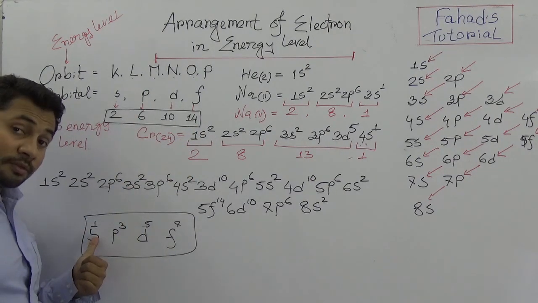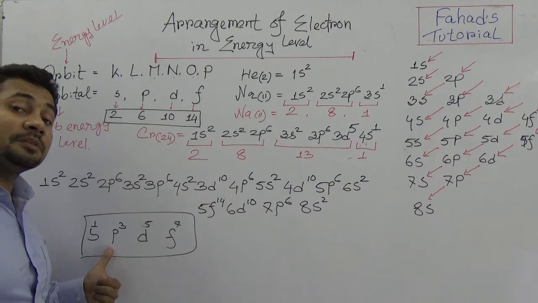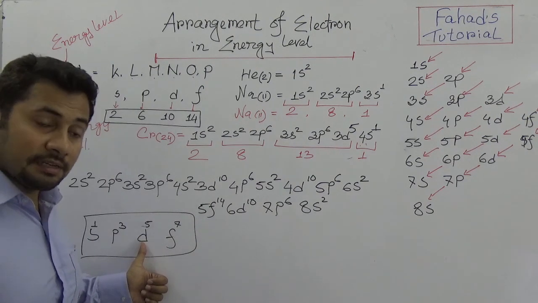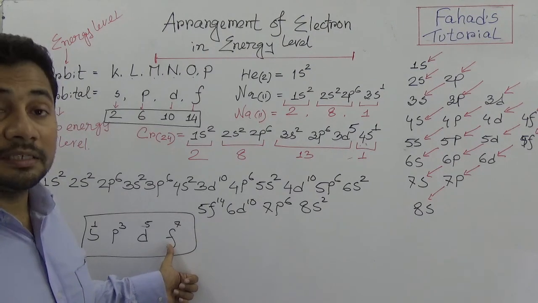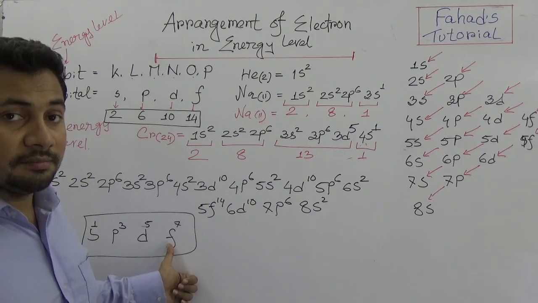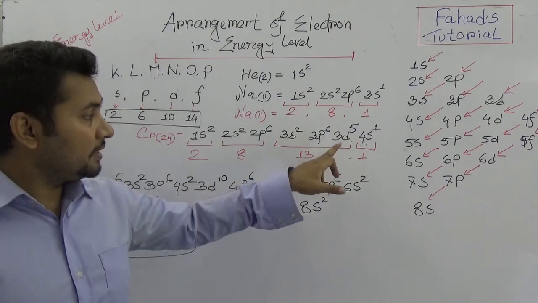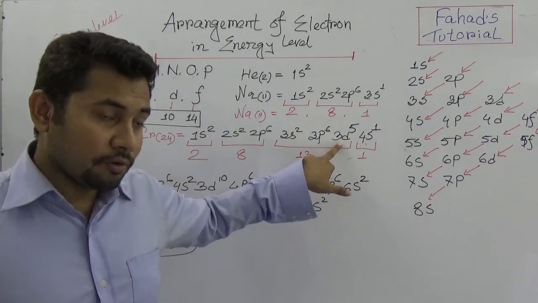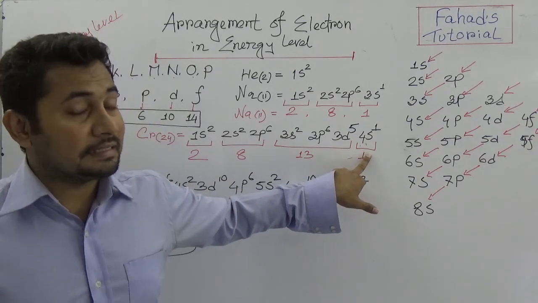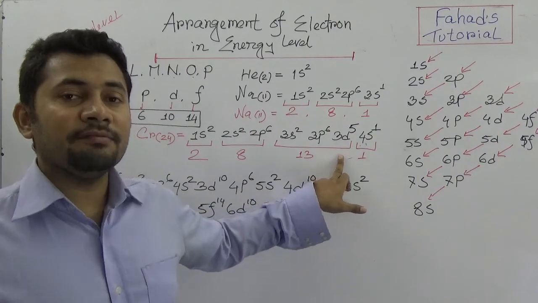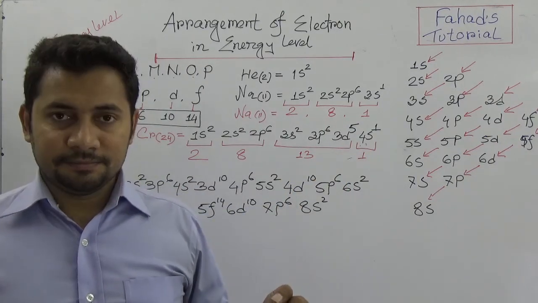So S can be 2 but 1 is stable, P can be 6 but 3 is stable, D can be 10 but 5 is also stable, F can be 14 but 7 is still stable. So here, according to the rules of electron configuration, it could be 3d4, 4s2, but no, it can't be, because when it's 4s1 and 3d5, it gets more stability.